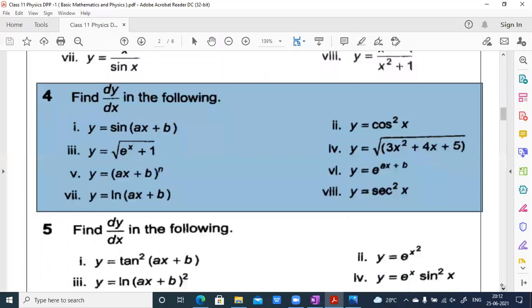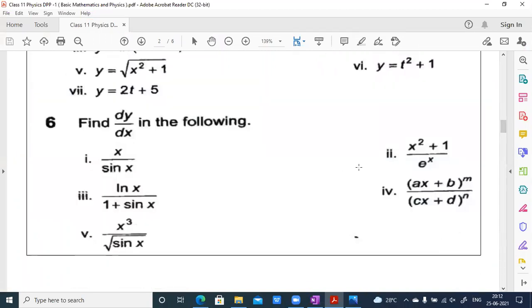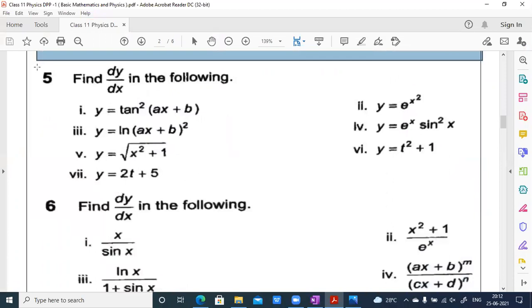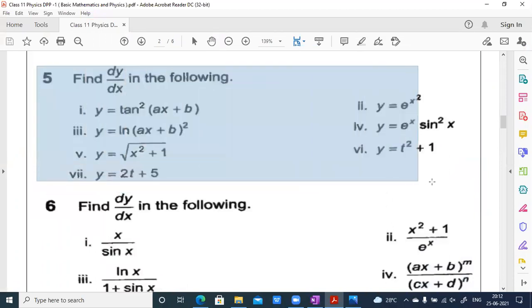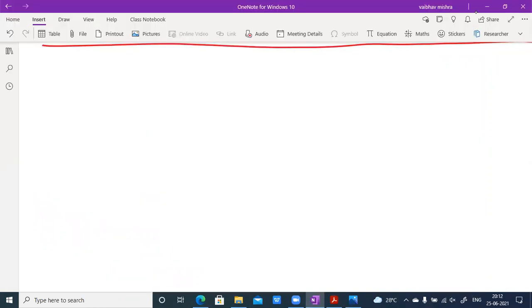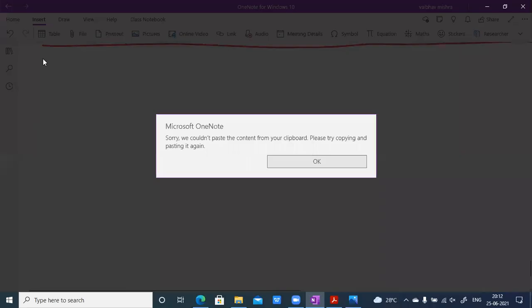Find the dy by dx of these functions. It is again based on the chain rule only. Some of them are chain rule, some of them are straightforward, but you need to find the differentiation.